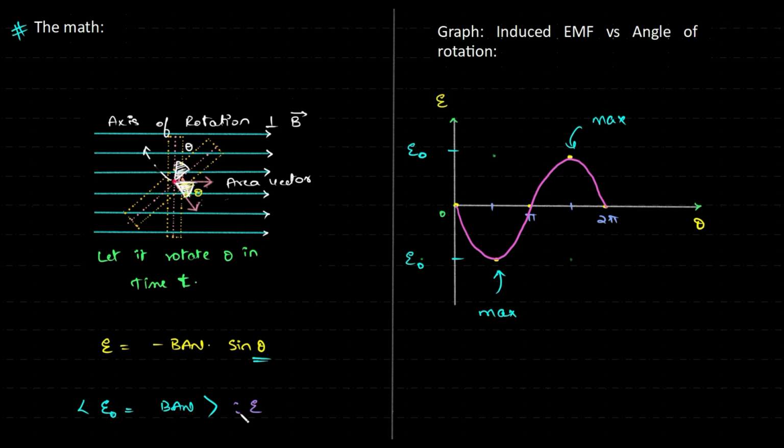So your E will be minus, it's not E actually, but anyways, E naught sine of theta. Voltage is equal to minus times the maximum voltage times sine of theta. So that would be your graph.